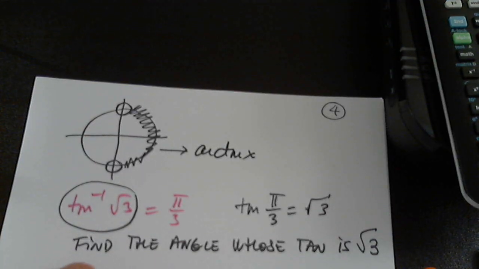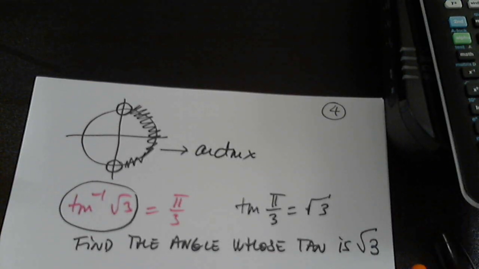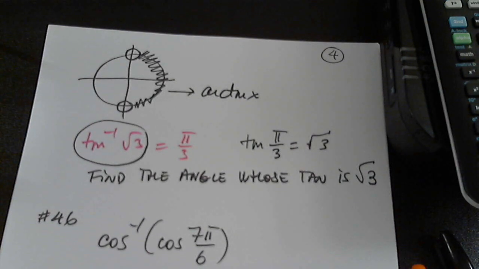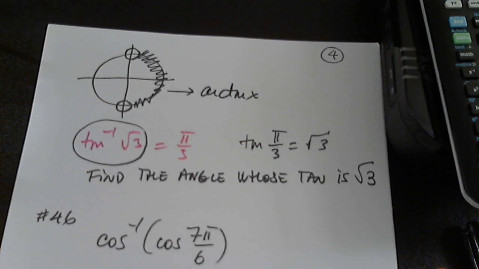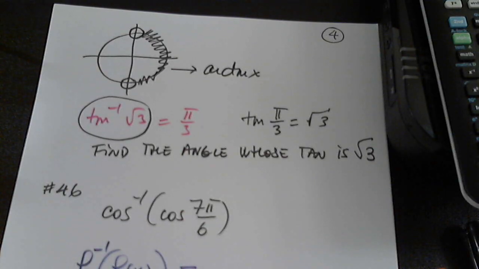Let's choose 46. 46 has cosine inverse of cosine 7 pi over 6. Let's talk about this. Now, as we know, the inverse function of the function will give us what? Or the reverse.